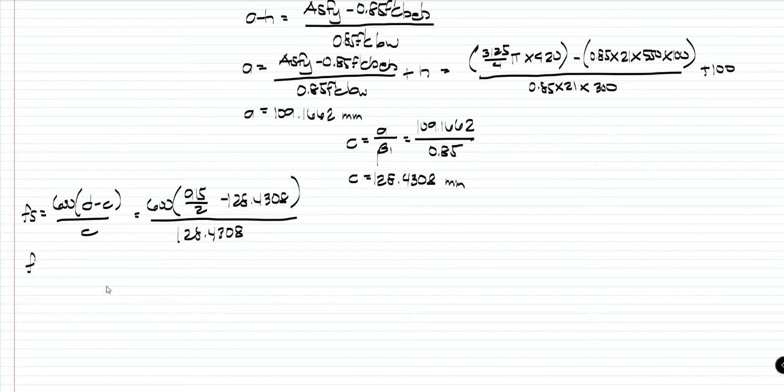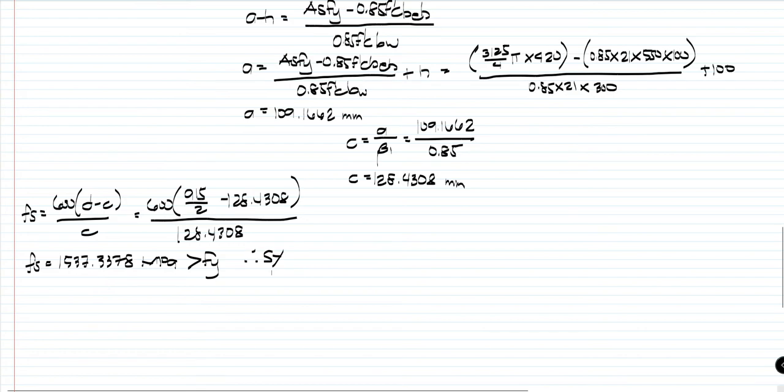So this steel stress will be equivalent to 1,537.3378, and that is in megapascal. And as you can see, this is greater than our yield strength Fy. Therefore, tama yung assumption natin that steels are yielding.